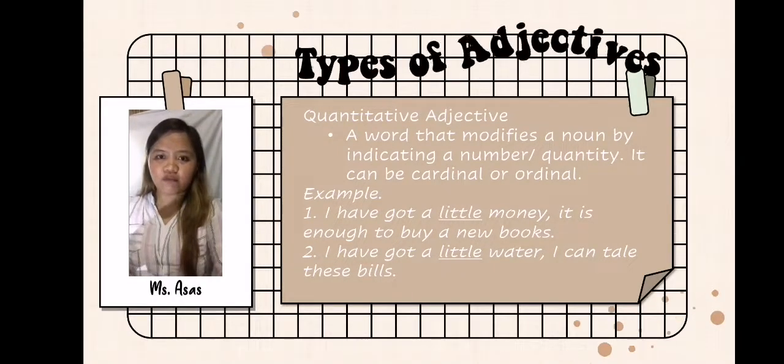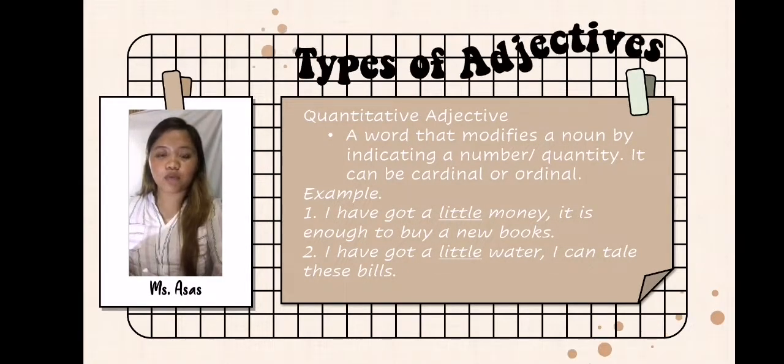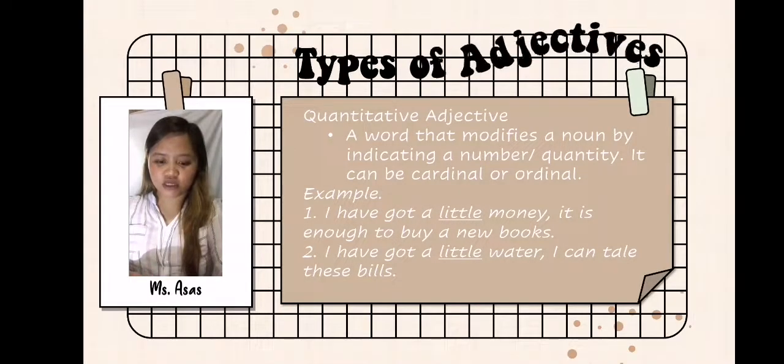So, we have a lot of quantitative examples na pwede natin gamitin sa ating sentences na bubuuin or gagawin. Quantitative examples are any, couple, double, each, every, few, great, many, most, much, or neither.